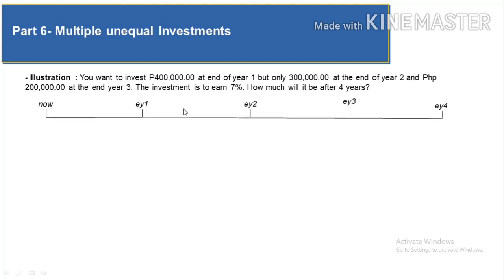So let's prepare a timeline for 4 years. In this particular problem, 4 years is equivalent also to 4 periods since there is no mention about quarterly, semi-annually, and etc. So now, at the end of year 1, you're gonna have to make an investment of 400,000, and then it will grow to 428,000, and then the second investment will be added.